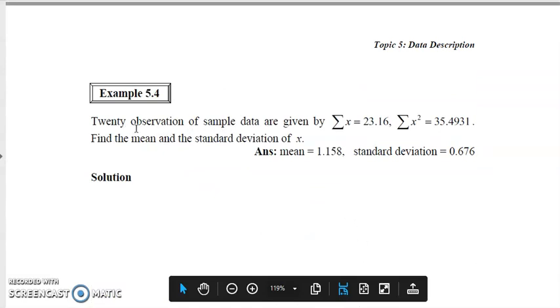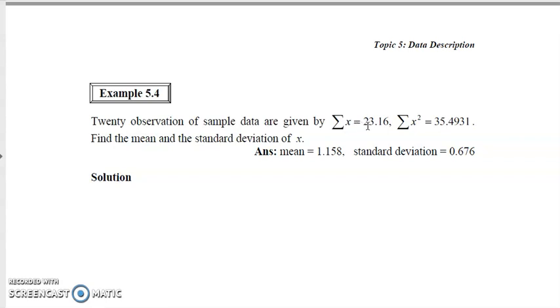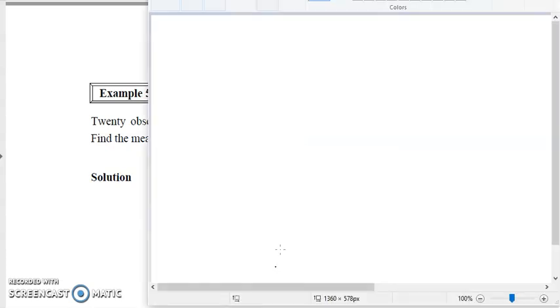It is given 20 observations of sample data, where we have sigma of x equal to 23.16, given to you, so you don't need to calculate. Sigma of x squared is 35.4931. Find the mean and standard deviation. Okay, so we know the mean will be x bar, or mean.